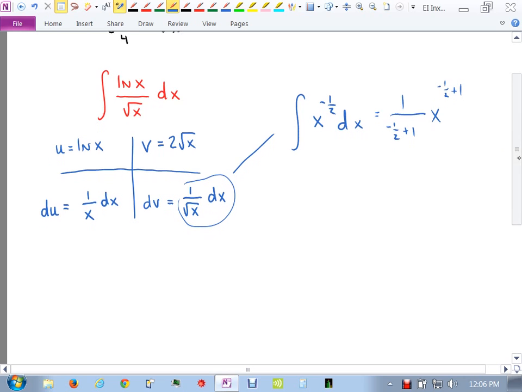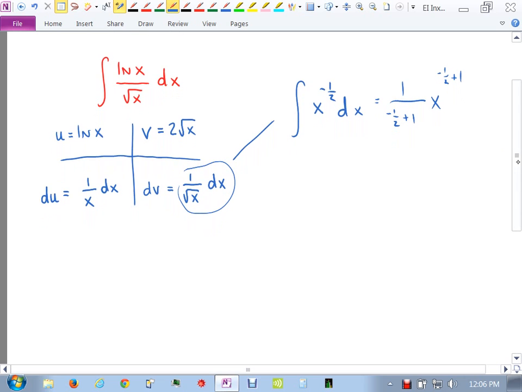I'll leave that there. What is your v du going to be? Is it something you feel comfortable with? Yeah, 2 root x over x, isn't it? When you do v du, does that integral look doable to you? Yeah.